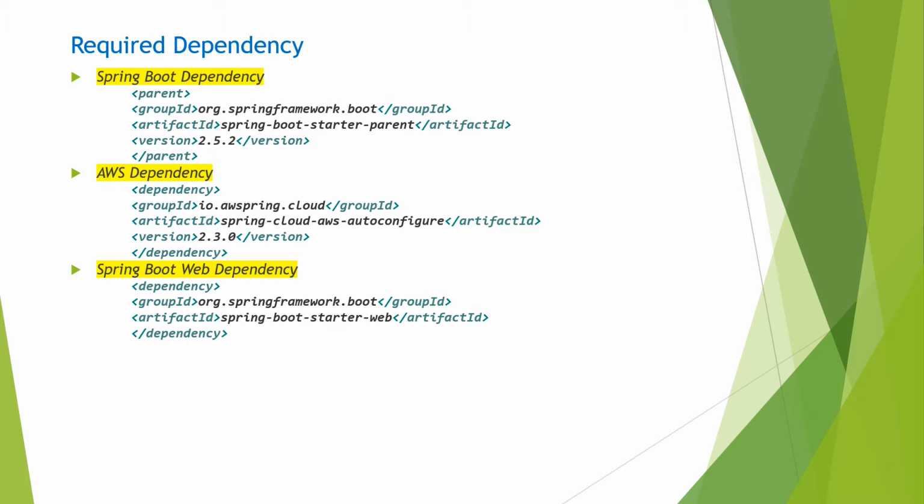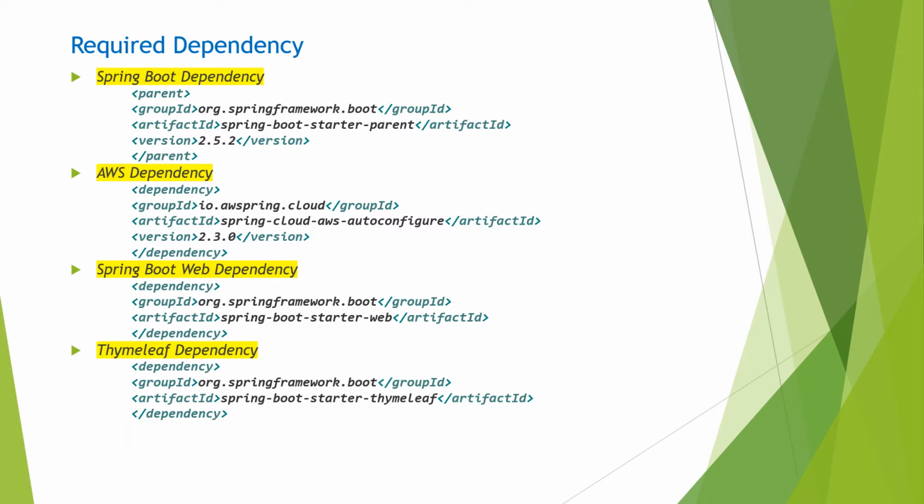Then we have to add the Spring Boot web dependency, Spring Boot starter web. This dependency will help us to get the embedded Tomcat server, because we have to deploy the application in the embedded Tomcat server, and we have to see it in the browser. So we need that starter web, and we also need the Thymeleaf dependency.